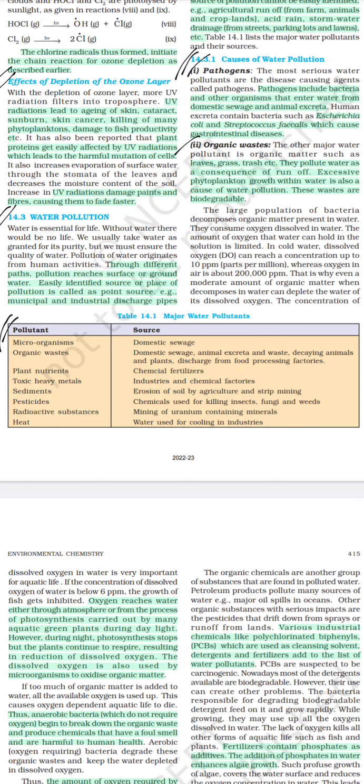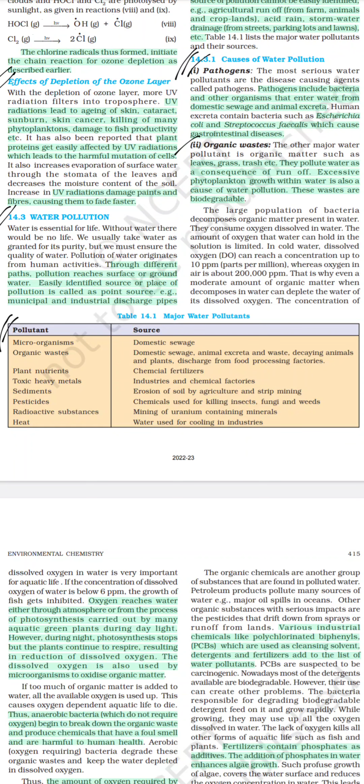Toxic heavy metals: industries and chemical factories. Sediments: erosion of soil by agriculture and strip mining. Pesticides: chemicals used for killing insects, fungi and weeds. Radioactive substances: mining of uranium containing minerals. Heat: water used for cooling in industries.